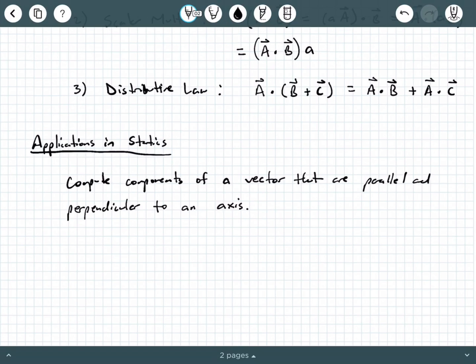So a lot of times in both structural and mechanical systems, we have members that are inclined on some kind of specific axis that has its own angle orientation. And we often are interested in the force components acting parallel to a particular axis as well as perpendicular to that particular axis. And that's where we can apply the dot product to help us investigate those components.